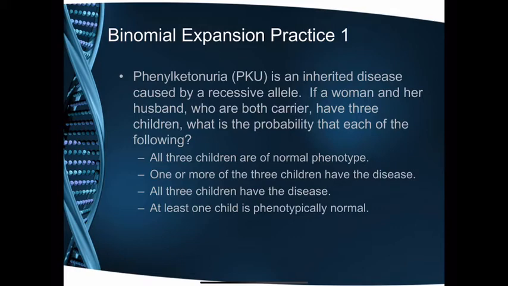That means to have PKU, you must be little p, little p, and that would give you PKU, okay? If a woman and her husband, who are both carriers, now I'm not sure that we have touched on this term, but a carrier is the same thing as a heterozygote.